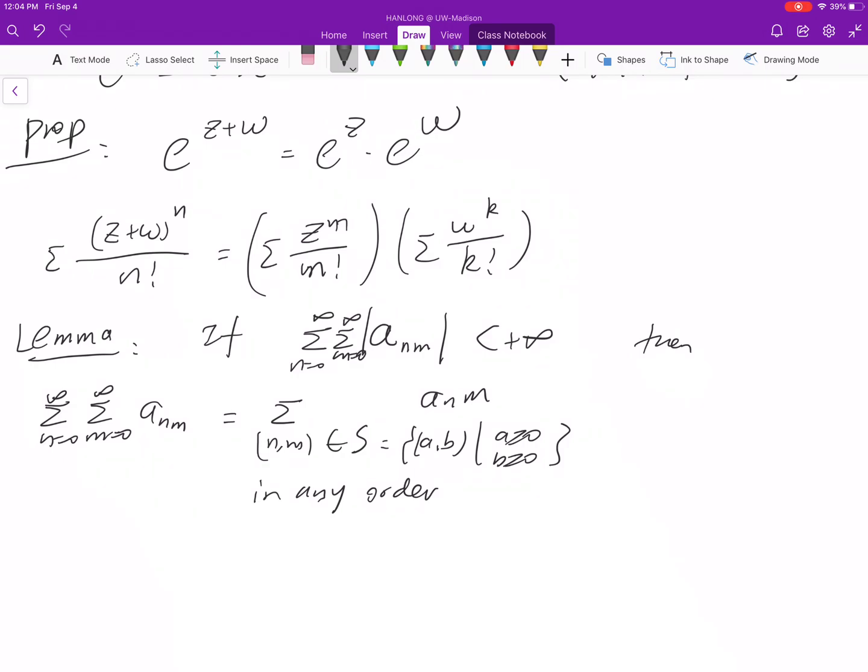So here S is just a lattice point in the first quadrant.